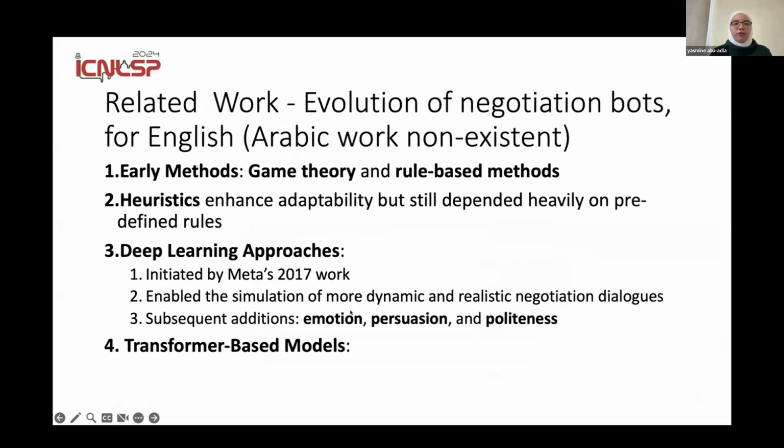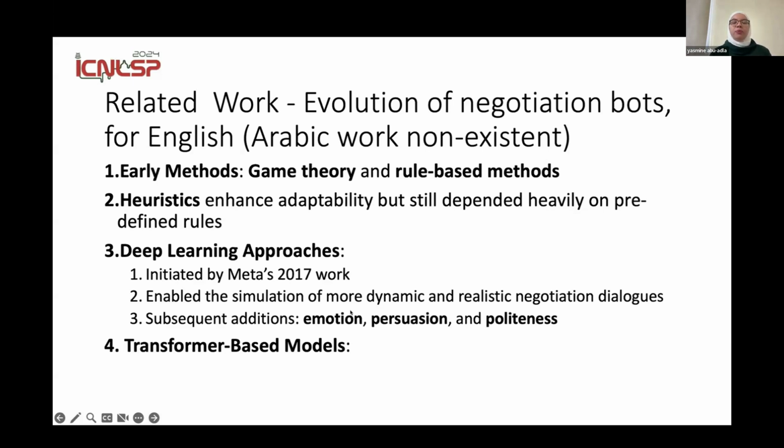So a bit of overview of the related work, given that no Arabic work has existed in the literature when it comes to negotiation bots. We have early methods such as game theory and rule-based methods, which really depend on a set of predefined rules and if-else conditions. Heuristic approaches, which also depend heavily on predefined rules. Deep learning approaches, which Meta has really shaped since 2017.